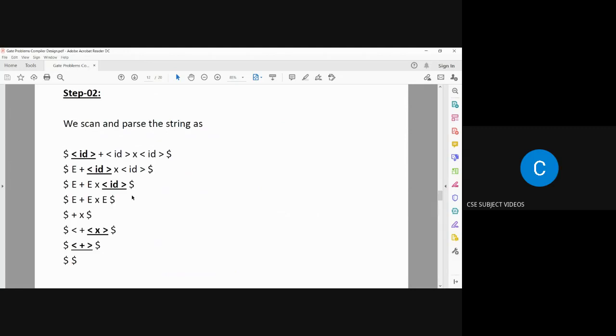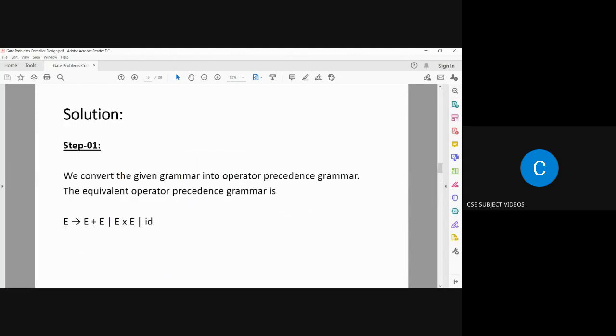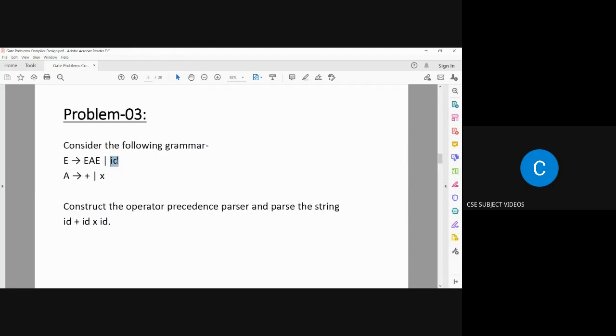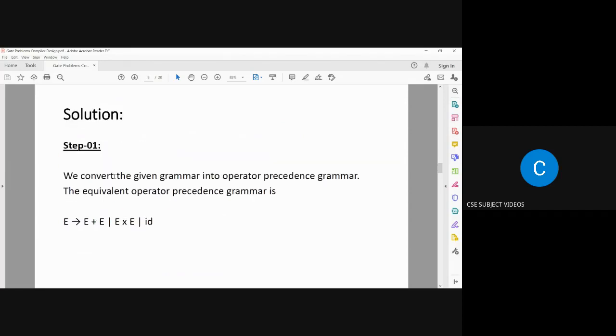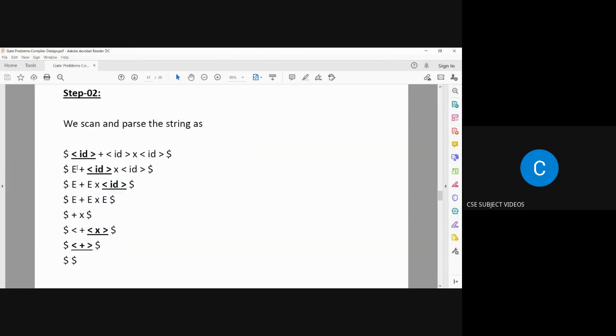Step 2: we scan and parse the string as it is, with the precedence we mentioned here. Now id will be replaced by E according to our first production. The remaining we take as it is.